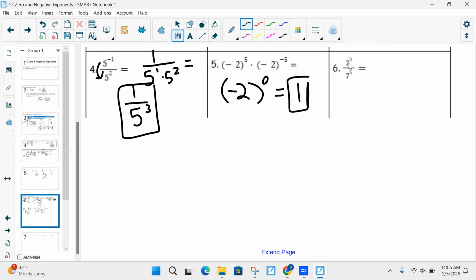If I have 3 7s in the numerator and 5 7s in the denominator, you can cancel these 3 7s, and then how many 7s you have left over in the denominator? 2. So it would be 1 over 7 squared, which is 1 over 49 if you want to keep simplifying it. Okay, any questions? So do the you try questions now.